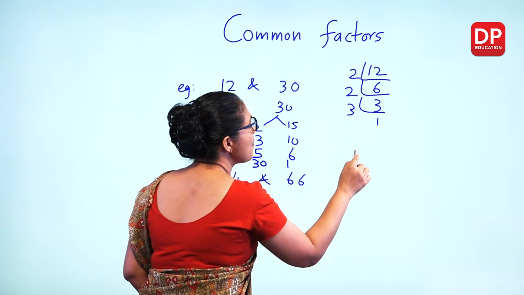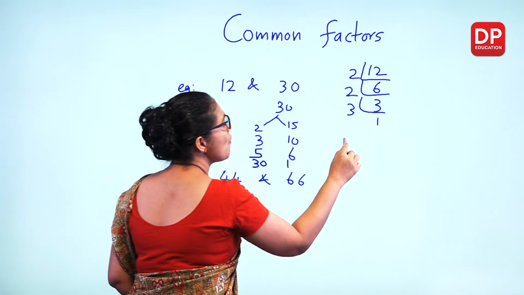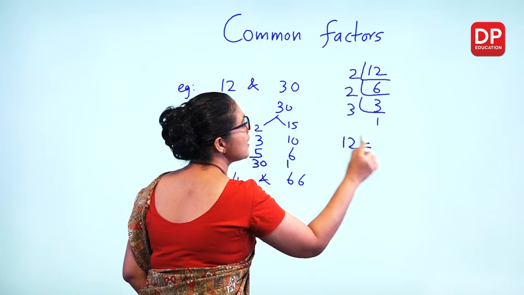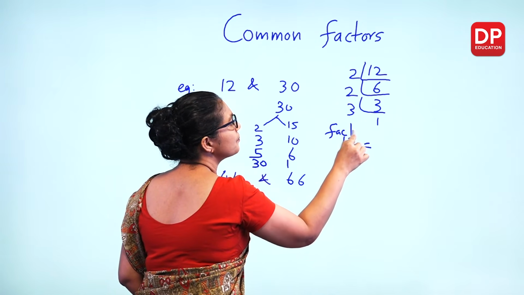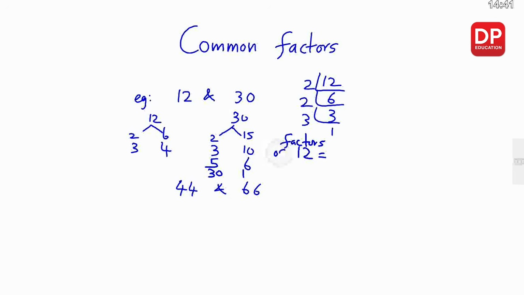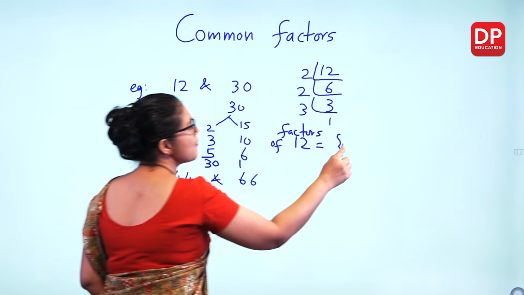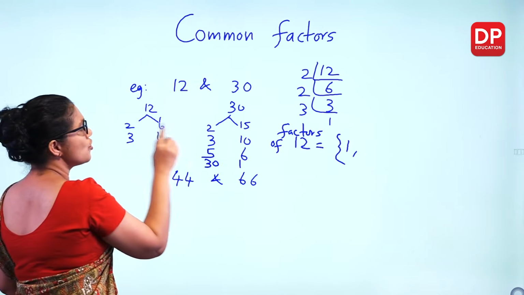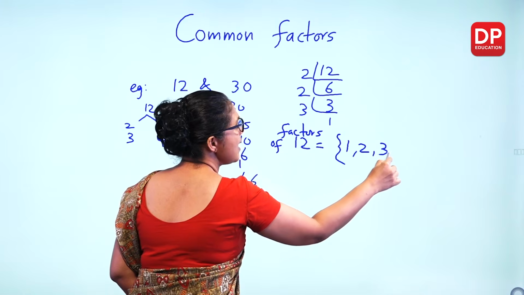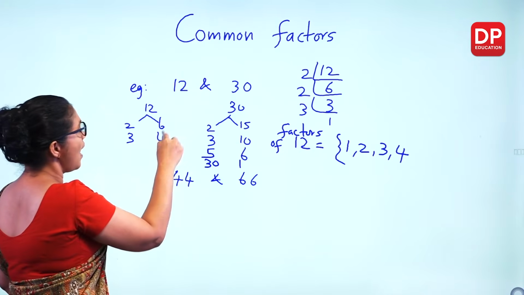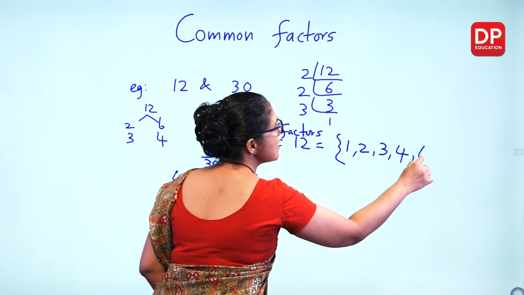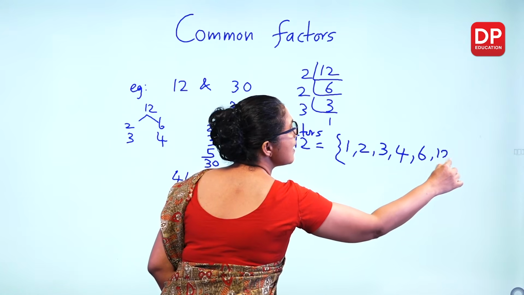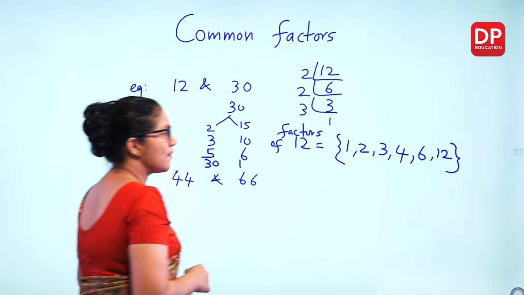If I write the factors of 12 separately, I can write 1, 2, 3, 4 and 6 and the last number 12.